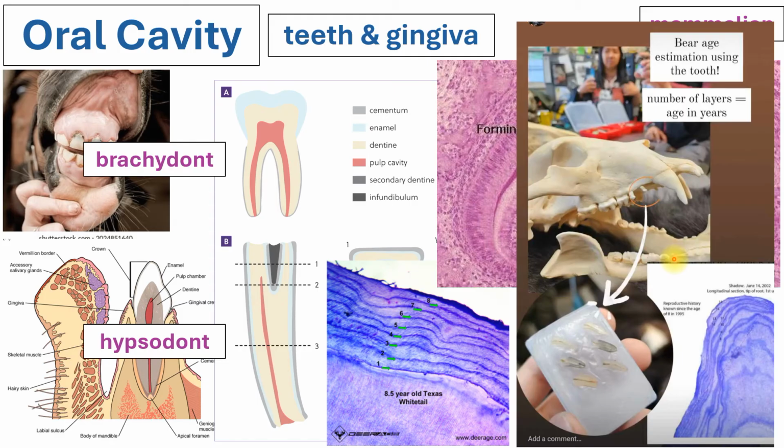One way of doing that is through the collection of these small teeth. They would tranquilize the animals, remove these small teeth, and then let them go. But of course, they would put an identifier or a tag on the animal, and then they can have an estimate of the animal's age.